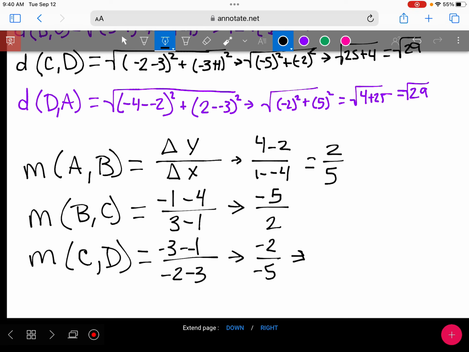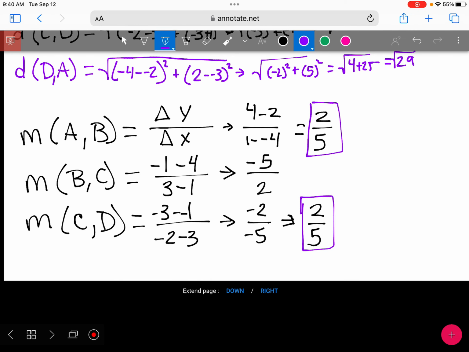Also known as 2 over 5. So we have this one that matches this one. So we have a pair of parallel lines. We got one more line to go.